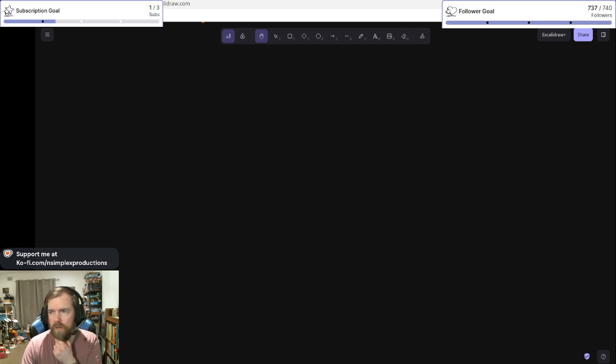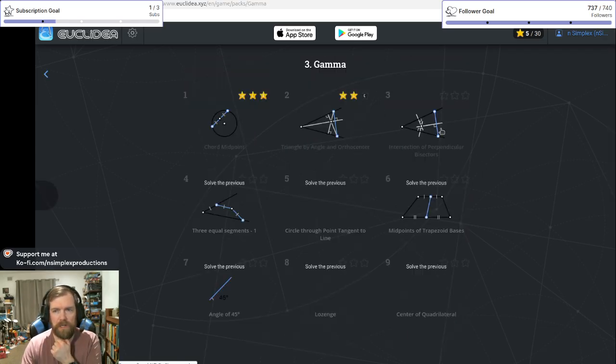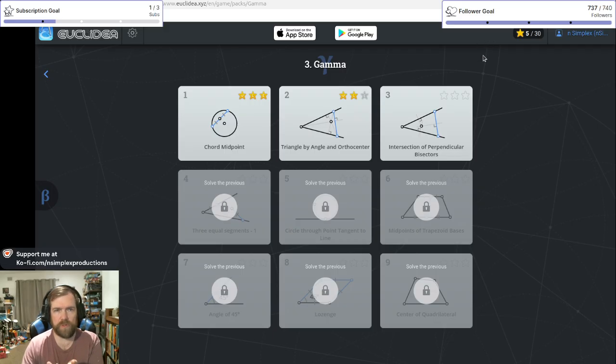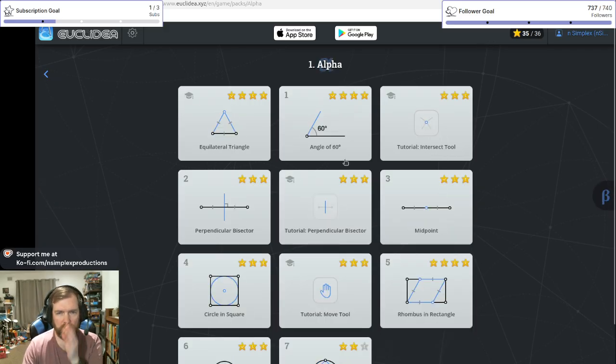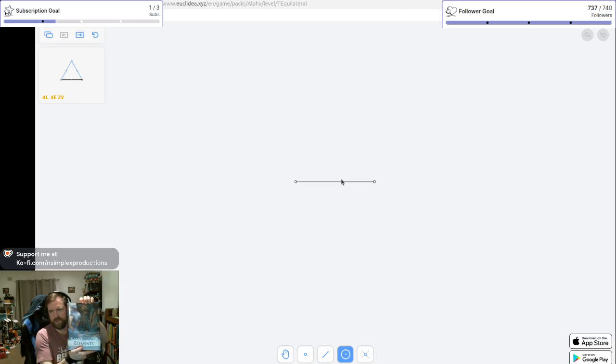So we had played some Euclidia, which is a geometry-based game where we're basically going through Euclid's Elements and saying, using only a straight edge and a compass, can we perform all of the actual propositions as shown in Euclid's Elements?